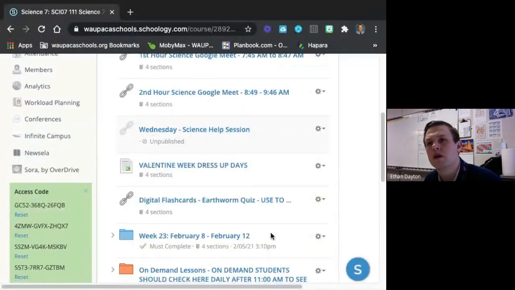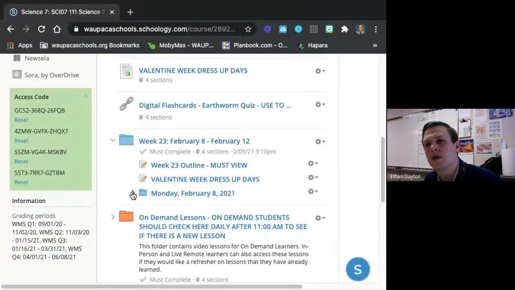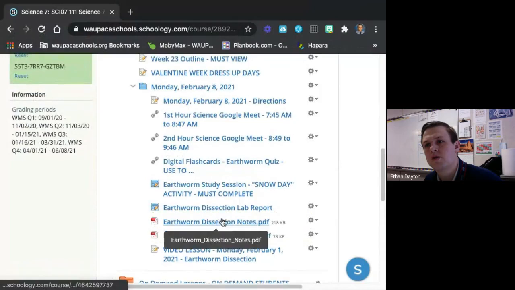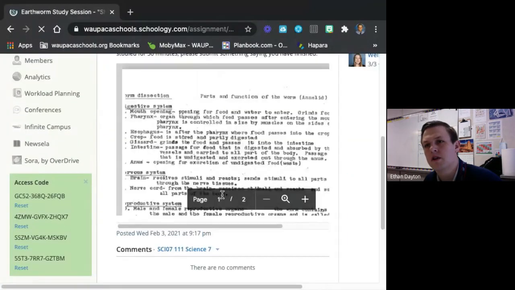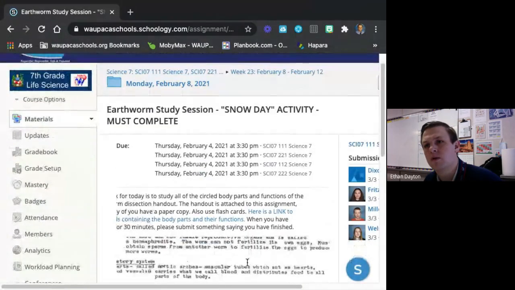Earthworm dissection notes are right here. Here's the earthworm study section. You can really kind of look almost anywhere, but here is one way to find it.